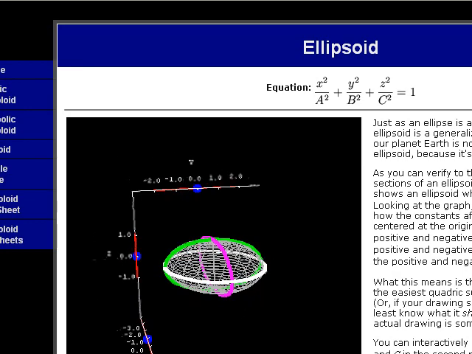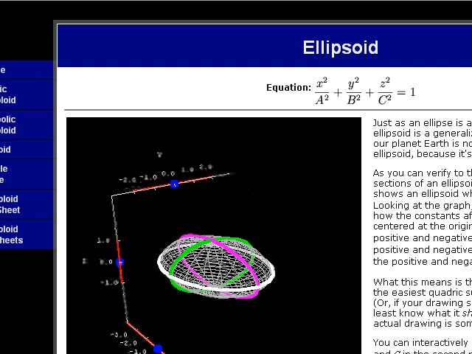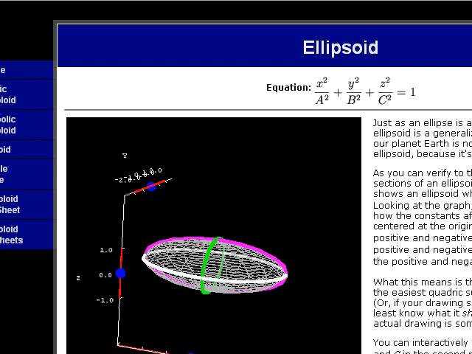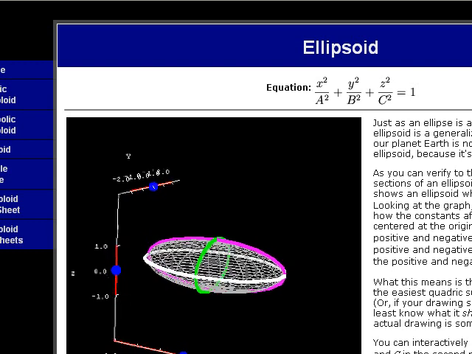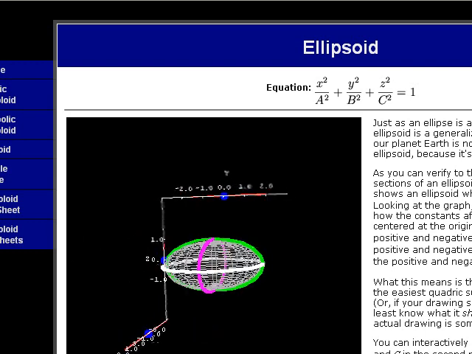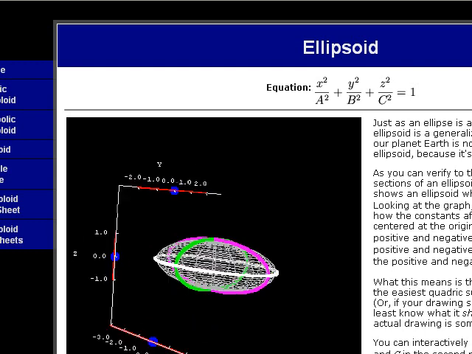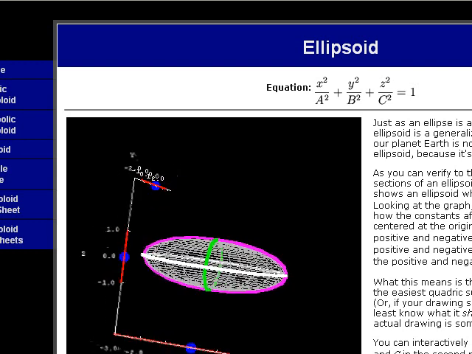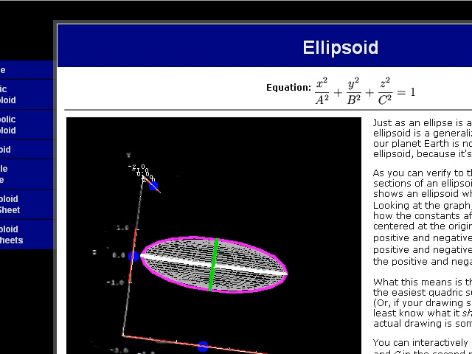Actually, it turns out that the ones in the vertical planes, the green one, and also the pinkish colored one, red I guess, are also ellipses. You see how they make up sort of a wire frame. There are additional lines on there, the ones coming through at an angle, but those are not traces. The traces have to be parallel to the axis. So others, let me see if I could draw some.